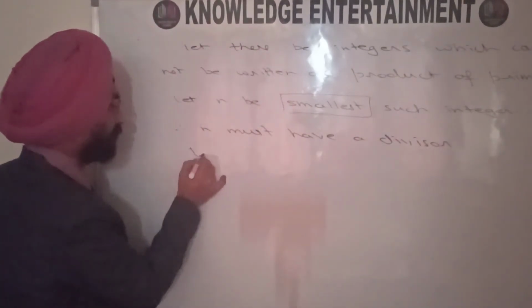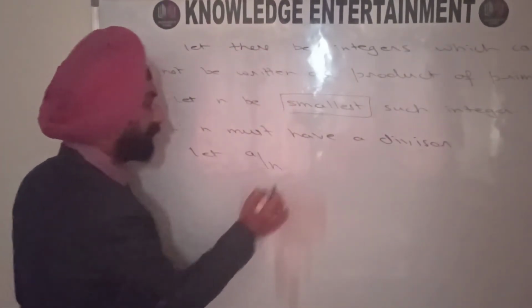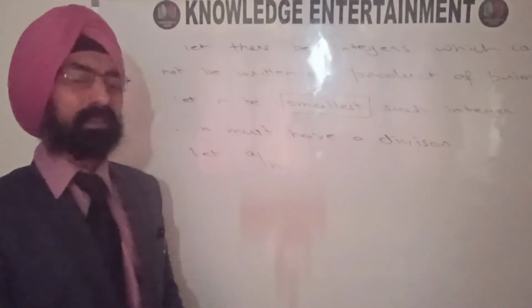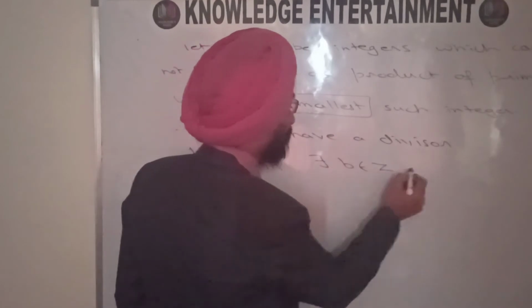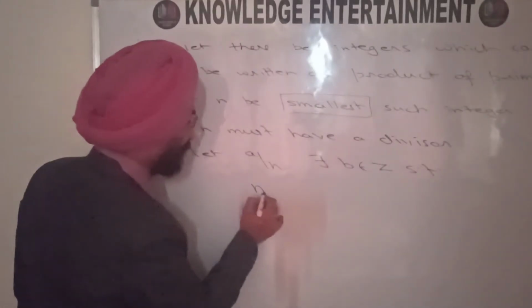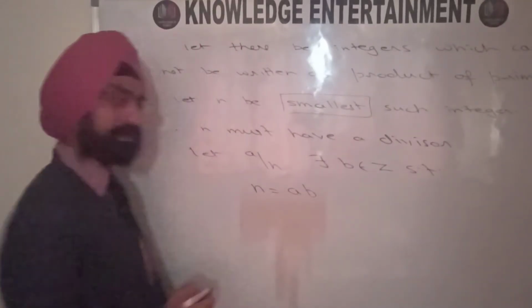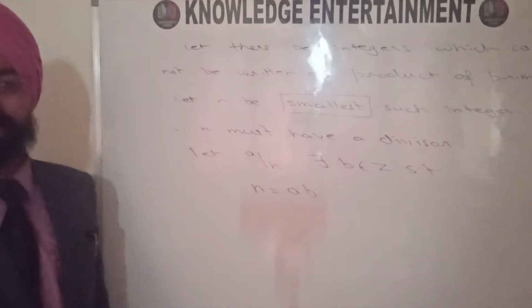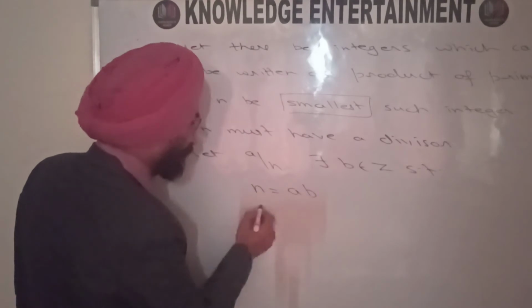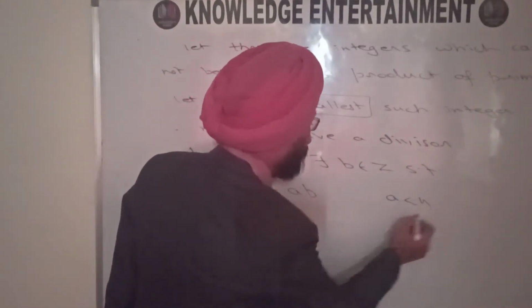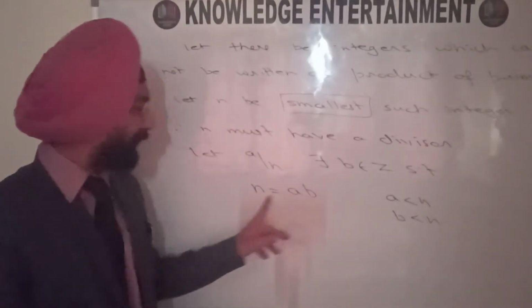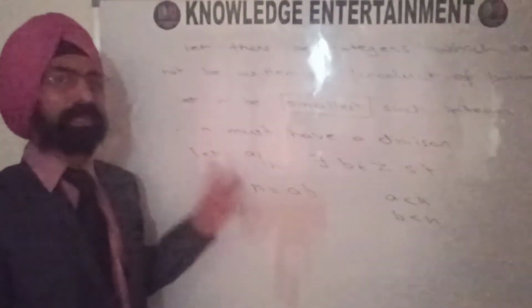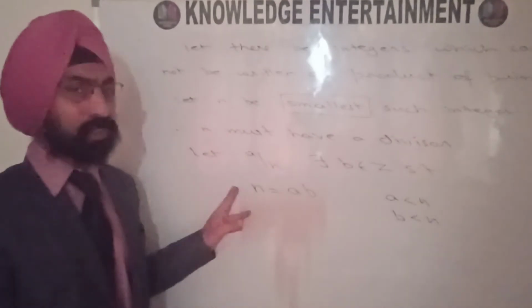Let a divide n. Therefore, by divisibility, there exists some integer b in the set of integers such that n can be expressed as a times b. Now, a is less than n, b is also less than n, because a and b are divisors of n, and divisors of n cannot be greater than or equal to n, because n is not a prime.